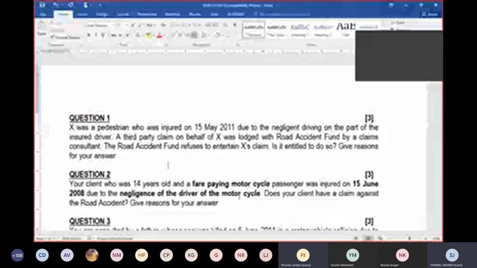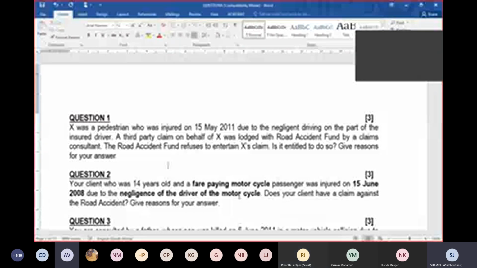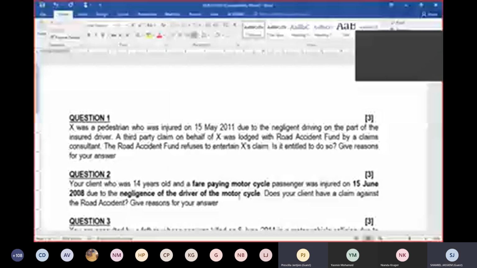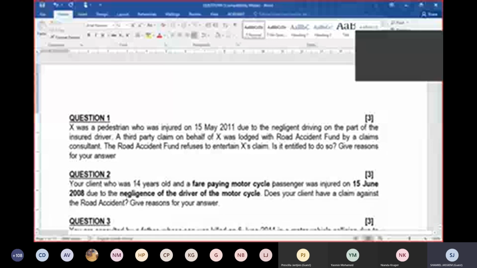What did we say about section 19 this morning regarding a passenger for reward, or a fare paying passenger, as they're saying here, who is on a motorcycle and where the driver was solely to blame for the accident? Is there a claim against the RAF?